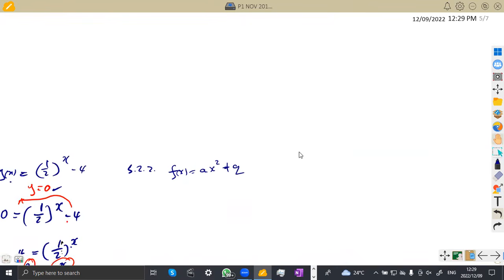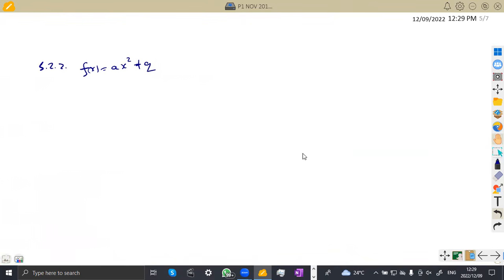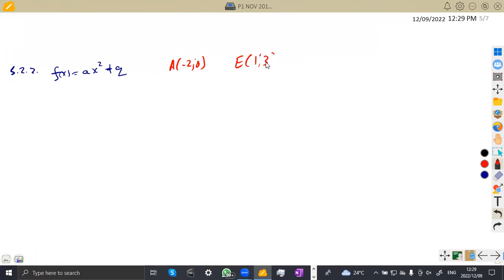All right, so here is our function. Like I said, we are going to work with the two points, point A and point E. Remember that point A was (-2, 0) and point E was (1, 3). These two points represent the values of x and y, so you can just substitute into the equation, since f(x) is the same as y, which is equal to ax² + q.